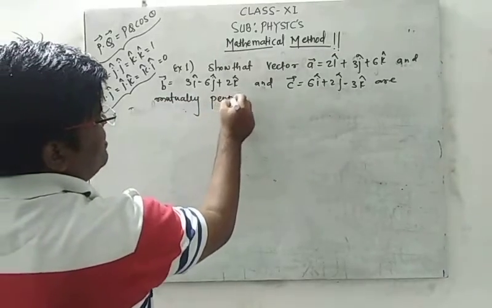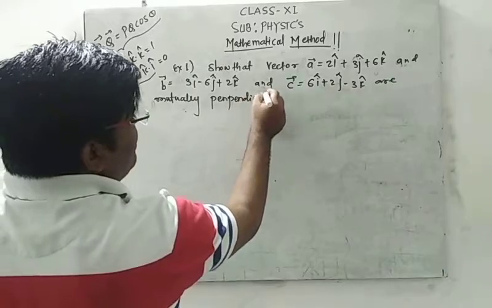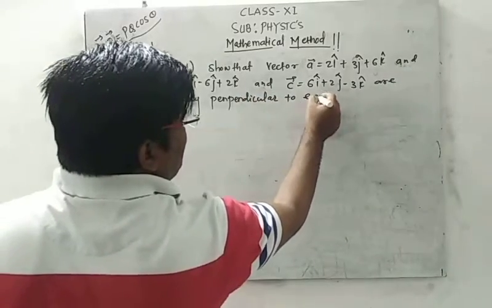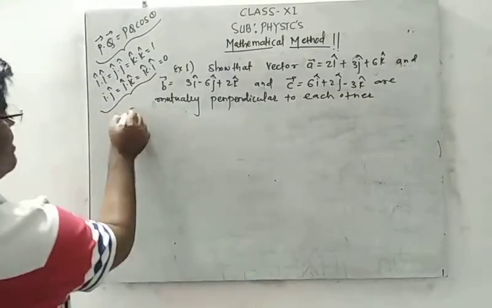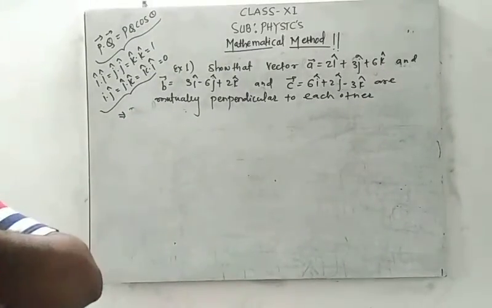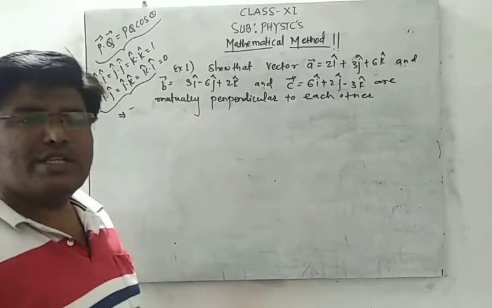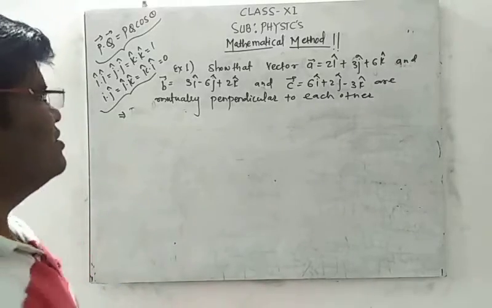Perpendicular to each other. We have to show this, right? So you know that when two vectors are mutually perpendicular to each other, then their scalar product is equal to 0.